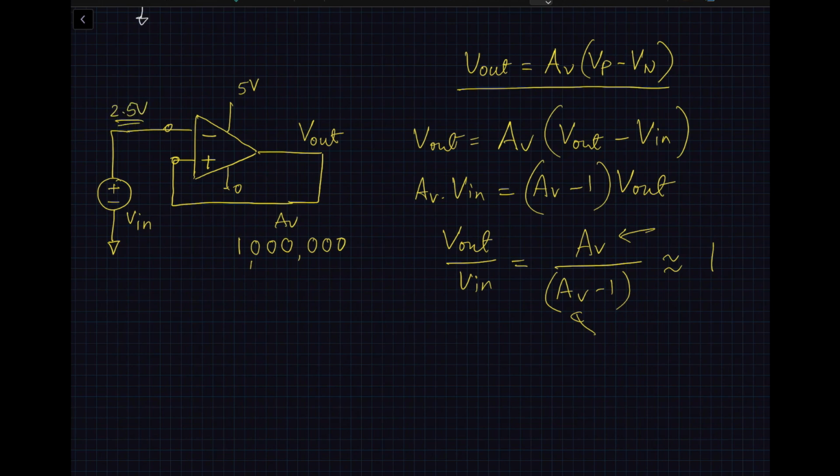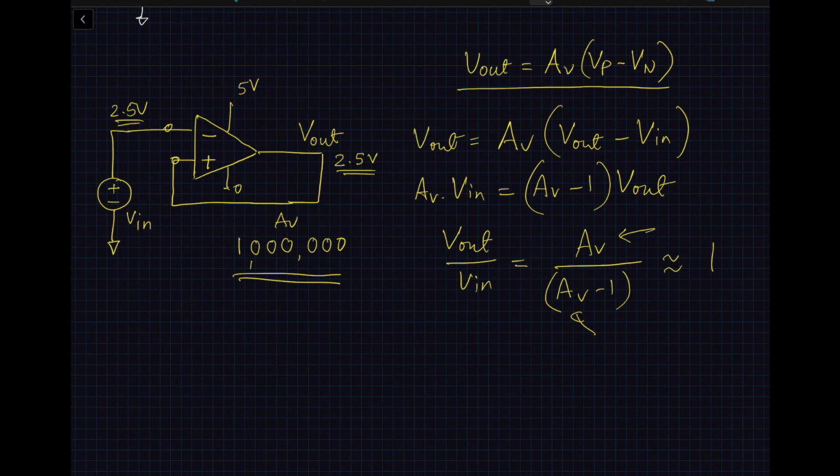Since AV is very large, somehow we are able to get an output of approximately 2.5 volts. If the output is 2.5 volts, then the difference between the two sides is going to be very small, I mean, 0. So as a result, this one looks fine.